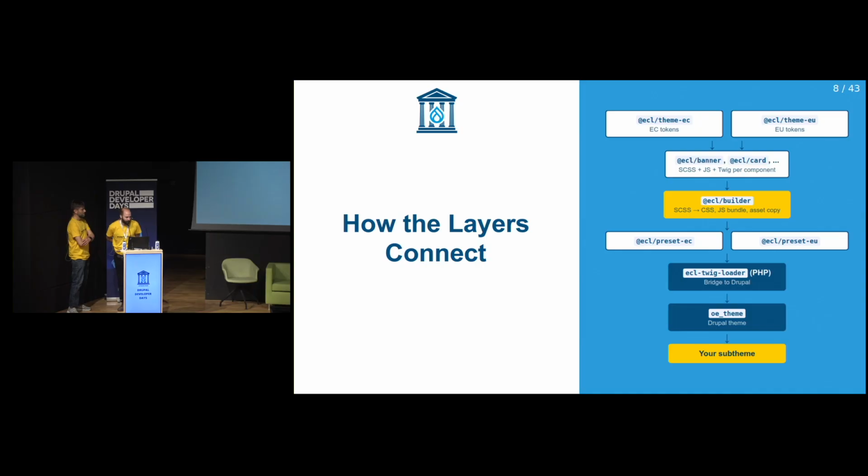This is where the ECL Twig loader comes in, which is the bridge that resolves the short ECL component names to file paths on the disk. We're going to have a deeper look at this later on. And once you have all this in the OpenEuropa theme, of course, you can create your sub-theme and adapt it to the needs of the project you have.